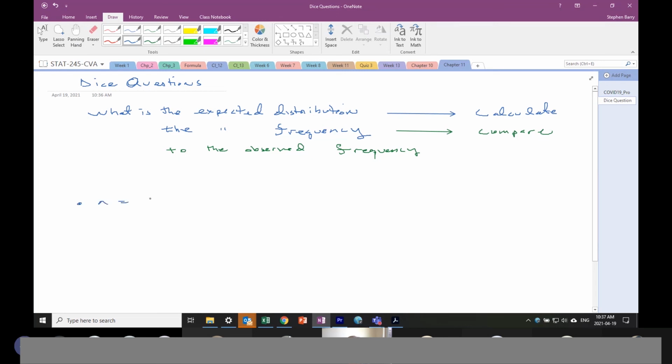Well, if it's a 6-sided die, I would expect a uniform distribution. I'm just talking about one of these dice, like when you're playing Yahtzee. How many times should you get 2? Well, 1 in 6. The probability is 1 in 6. You would expect a uniform distribution.